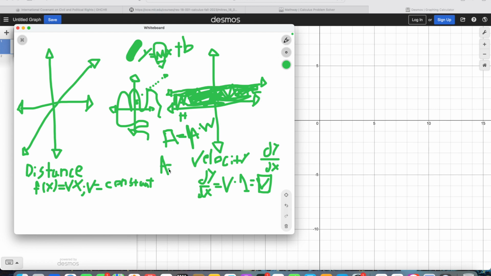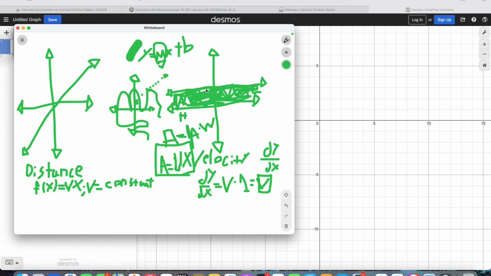So the area of this rectangle, or the area underneath the slope in the velocity function, would be v multiplied by x, right?